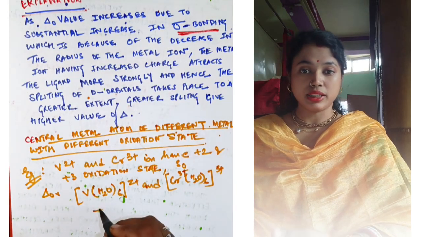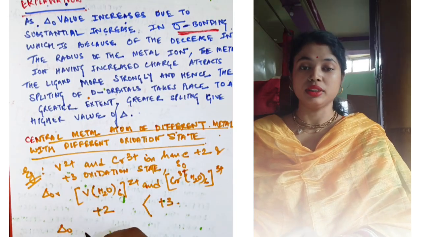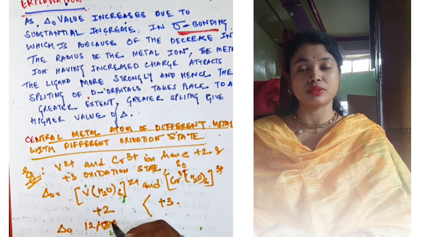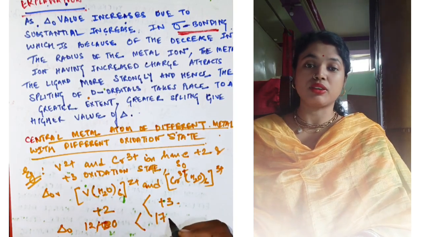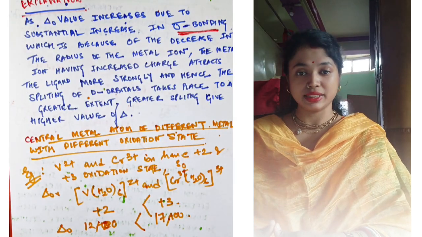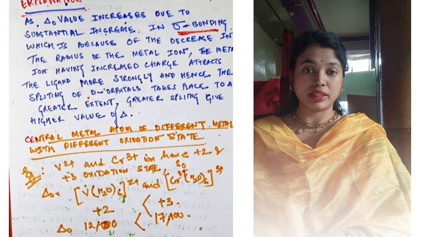What is shown, this is your +2 oxidation state, and here it is +3 oxidation state. Delta naught value of this is found to be 12,400 experimentally, and this one is found to be your 17,400. What is the explanation? The explanation is the increase in the value of delta naught with the increase in the magnitude of the oxidation state of the central metal atom.